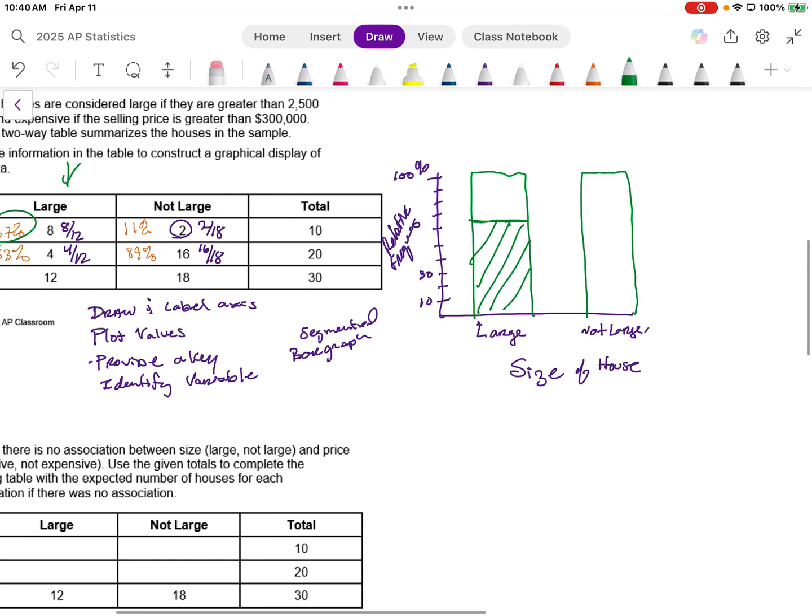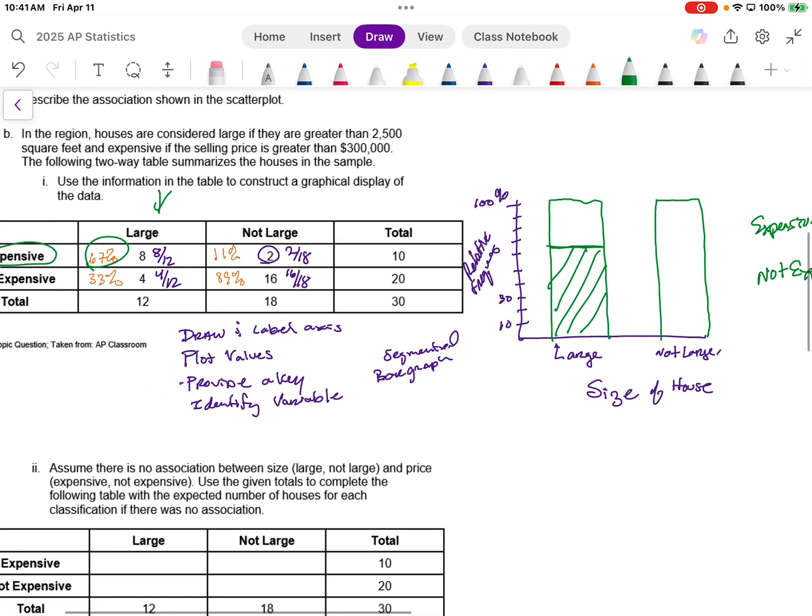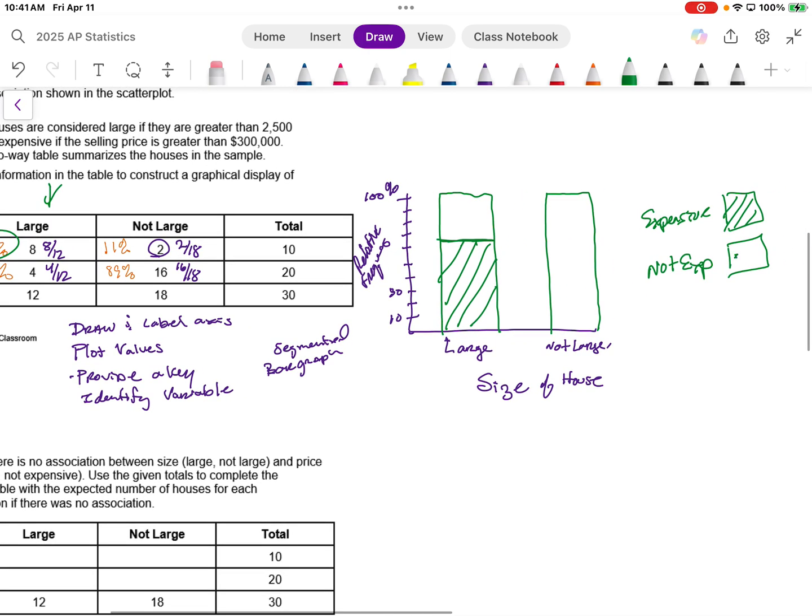As you do your key, we're going to say expensive, and we're going to draw what that pattern looks like. And then not expensive, we'll draw another pattern. For not expensive, I'm going to go with just dots in there.